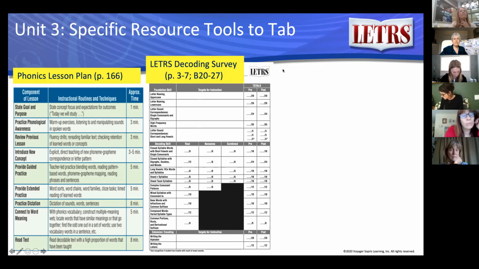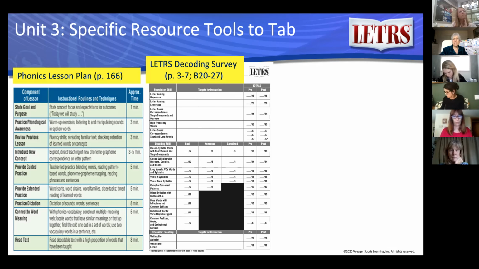Another set of information that was brought forward is the letters decoding survey, and it is actually in the back part of your appendix area, as well as Lori having shared with you 3 assessments that have been a part of letters, one being the PASS test, the second is this phonics letters survey, and then the third tool is actually a spelling inventory.